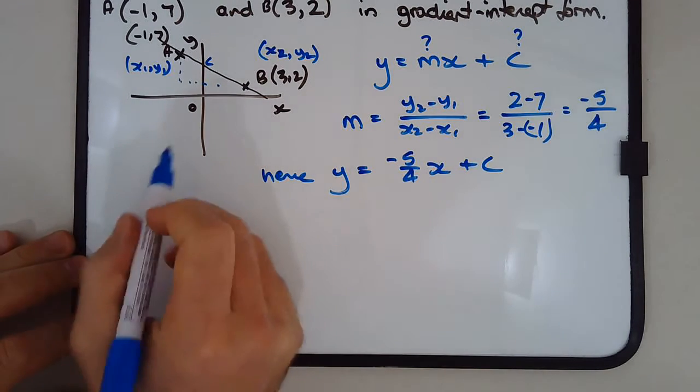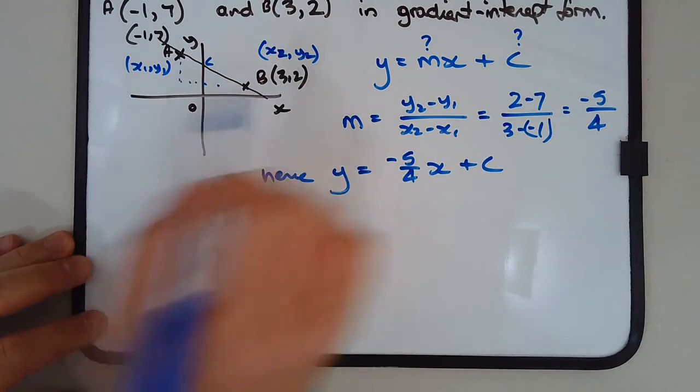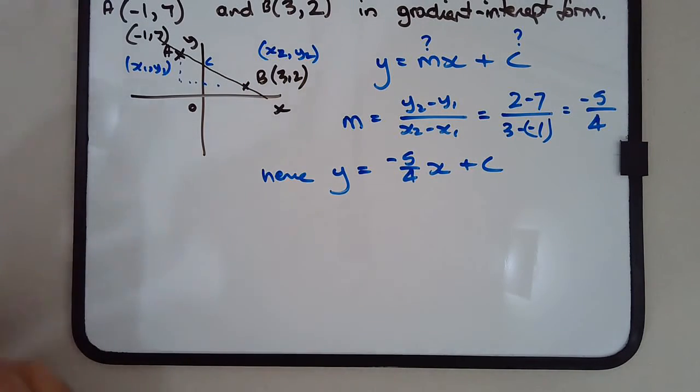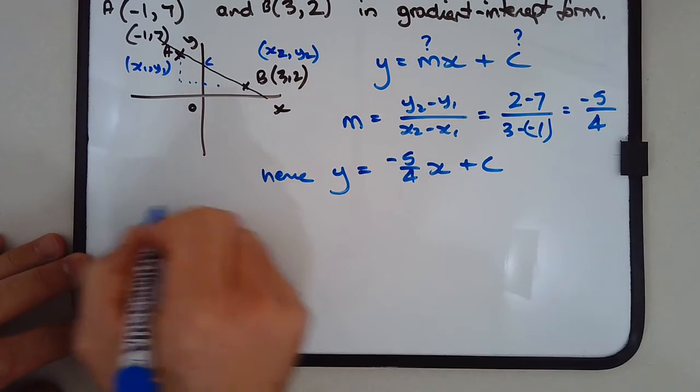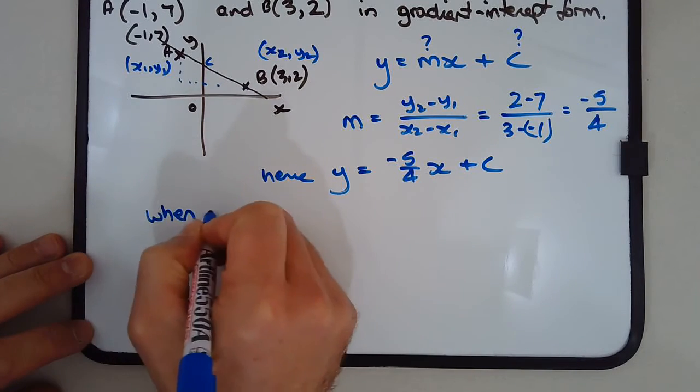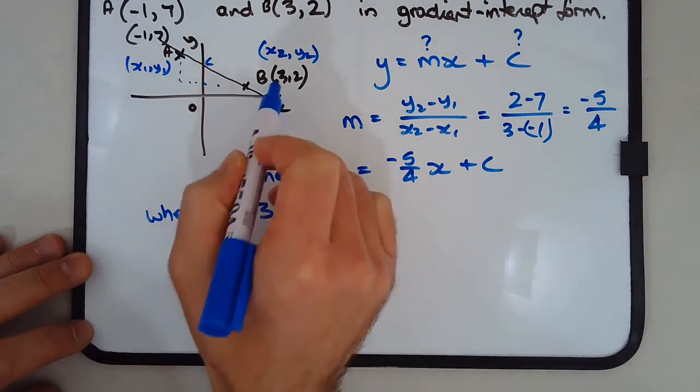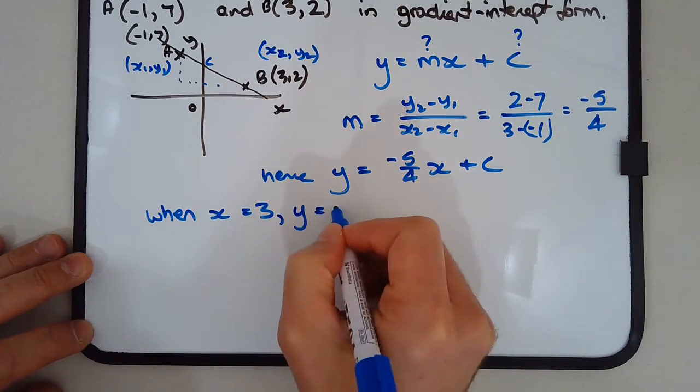Let's pick the point B. It's nice to use numbers that are all positive. It's a little bit easier. So when x is equal to 3, y is equal to 2.